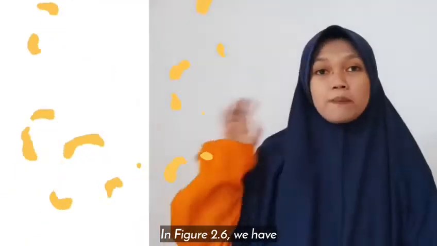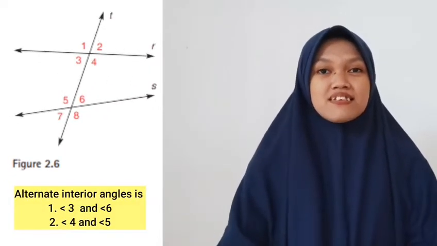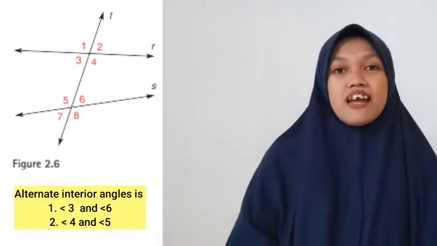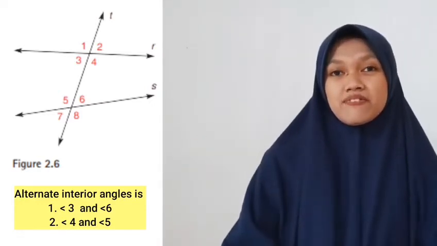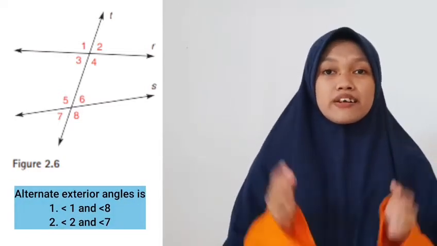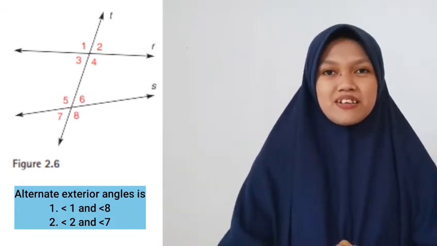In figure 2.6, the alternate interior angles are angle 3 and angle 6, and angle 4 and angle 5. The alternate exterior angles are angle 1 and angle 8, and angle 2 and angle 7.